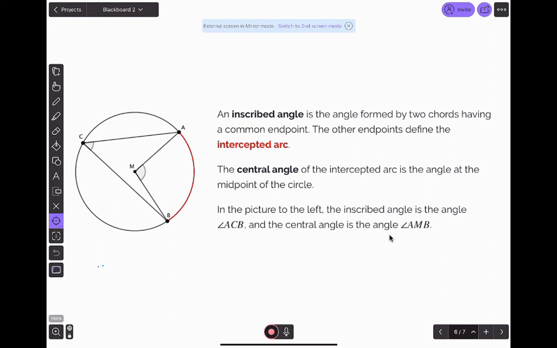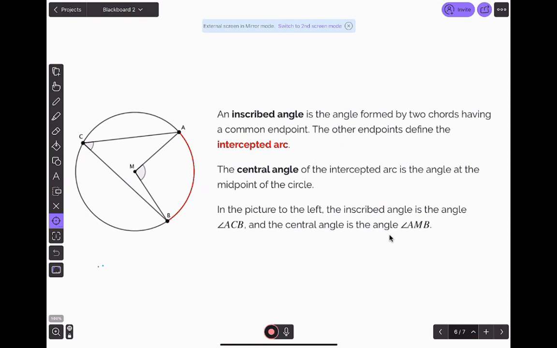The common endpoint is going to be point C. They say that those endpoints, A and B, are defining the intercepted arc. So the intercepted arc for this inscribed angle is going to be arc AB.